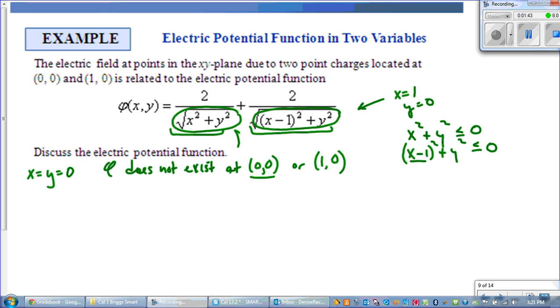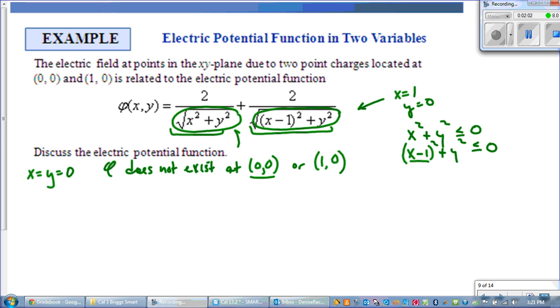But it will be 0 when x is 1 and y is 0. So this function will not exist, not have a finite value, at (0, 0) or (1, 0). So those charges are infinite at those two points.